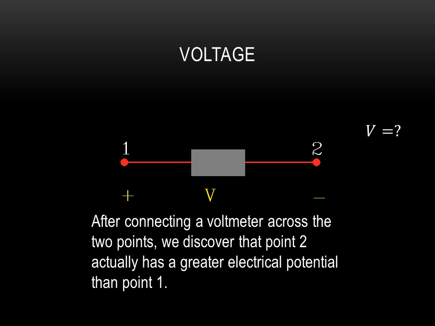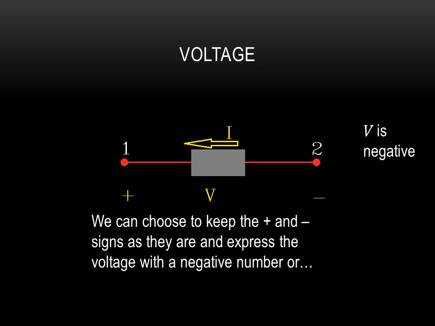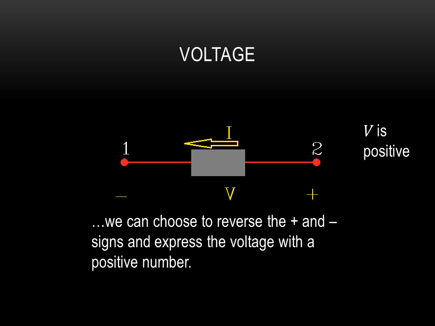To verify our assumption, we connected a voltmeter across the 2 points, and we discovered that point 2 actually has a greater potential than point 1. So what do we do? We can choose to keep the plus and minus signs as they are and express the voltage with a negative number. Or we can choose to reverse the plus and minus signs and express the voltage with a positive number.